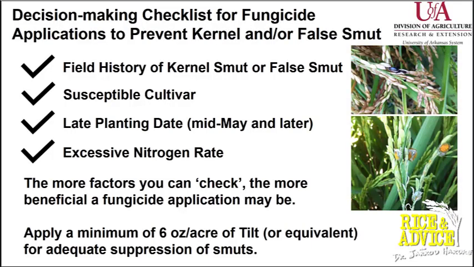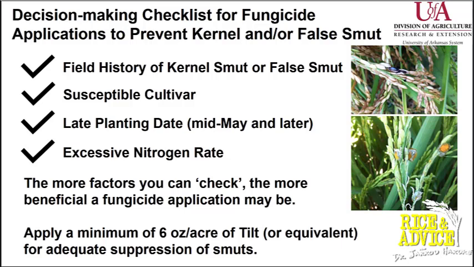There are a lot of factors to consider when making the decision about a fungicide application. If we're targeting smuts, we're worried about the susceptibility of the cultivar, what our nitrogen rates were, planting date, all of those things we worry about, and certainly field history is huge. We need to have a field history of the problem first to really justify the application.